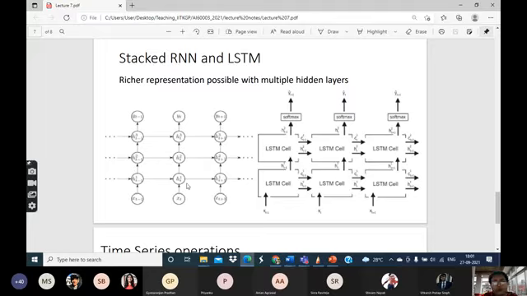So there is not a single hidden variable like this, but several layers of hidden variables, and the computation at every layer is passed on to the next layer like this. The same thing can be done in case of LSTM also. The reason is that having more layers basically gives you greater representative power.